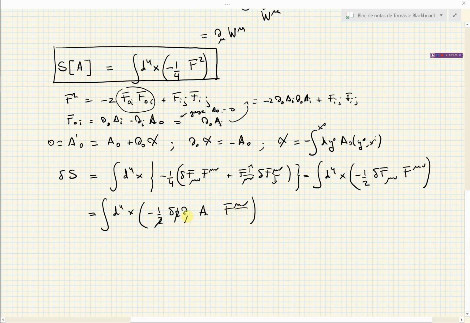This variation commutes with the partial derivative because it doesn't act on coordinates, so I have partial_mu of delta A_nu. So let's write this result now. We have minus partial_mu delta A_nu f^{mu nu}. And in order to find something proportional to delta A, I have to integrate by parts.